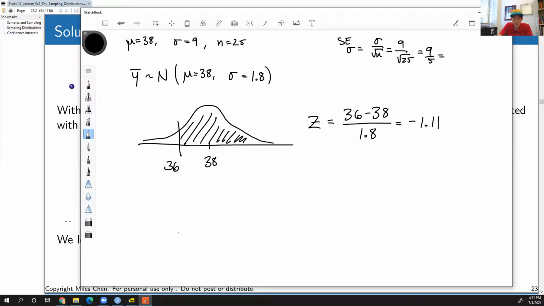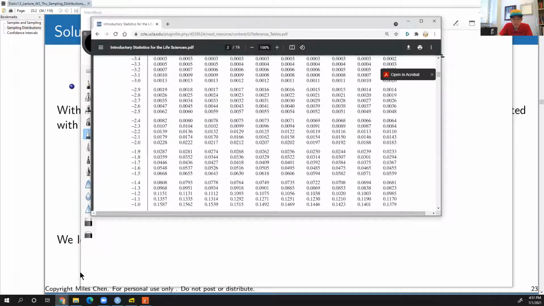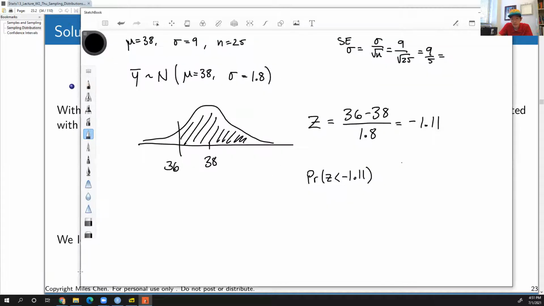Then we go to our z table and find the area to the left of negative 1.11, which is 0.1335.